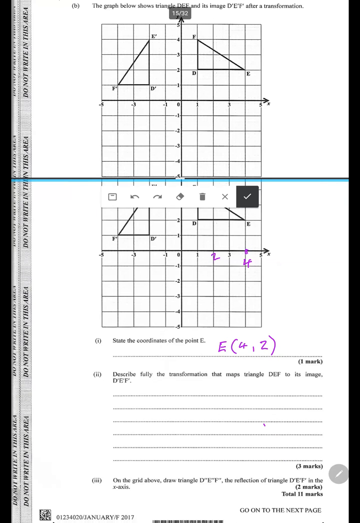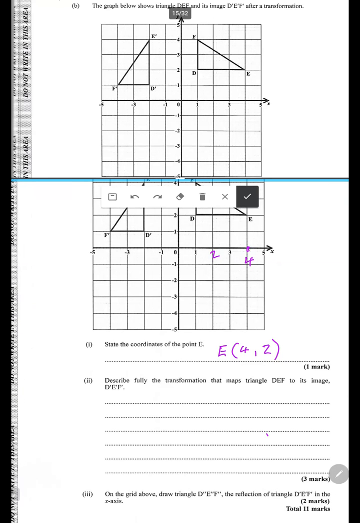The next part says describe fully the transformation that maps triangle DEF onto triangle D prime E prime F prime. This is a matter of describing what we just observed. We have decided that it's an anticlockwise 90-degree rotation about the origin, so you just need to write that.